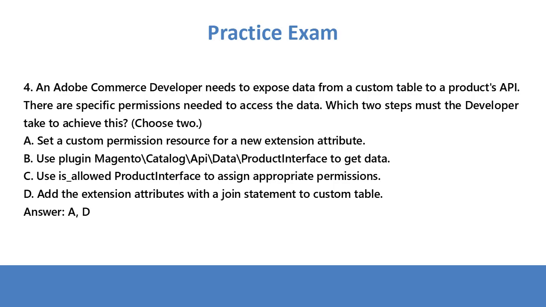B. Use plugin on Magento\Catalog\Api\Data\ProductInterface to get data. C. Use is_allowed on ProductInterface to assign appropriate permissions. D. Add the extension attributes with a join statement to the custom table. Answer: A, D.